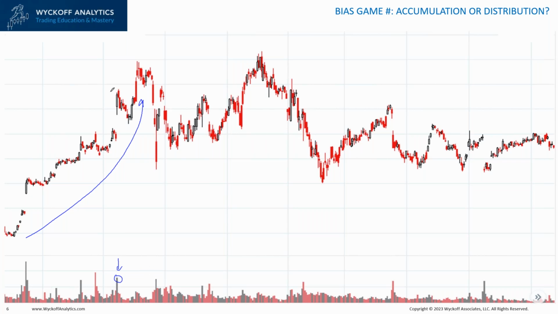Then there was an upthrust which did not make much progress, quickly came down in a climactic fashion. So I would say, to me, the rally appears more climactic than the actual climactic top of the selling itself there.